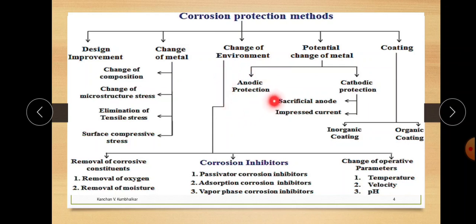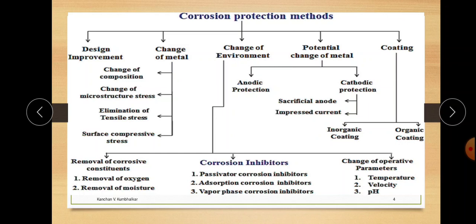Either you protect in an anodic way, which is known as the anodic protection, and the second one is the cathodic protection. By employing a cathode, when the protection happens, it is known as the cathodic protection. The cathodic protection is further divided into 2 types. First one is the sacrificial anode, and another one is the impressed current, which we will see in detail in this lecture.